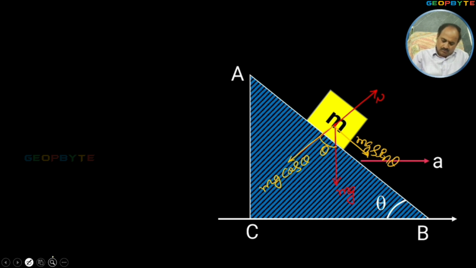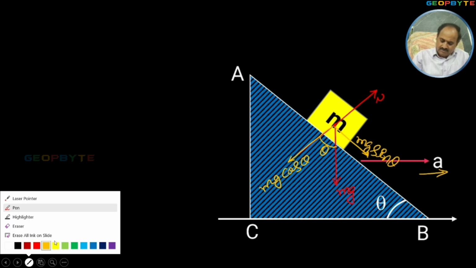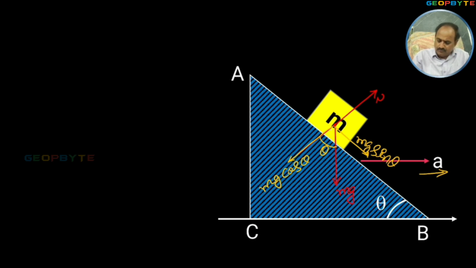Now, by the time the wedge is pulling towards the right, a pseudo force is developed. Let the pseudo force F equal ma.